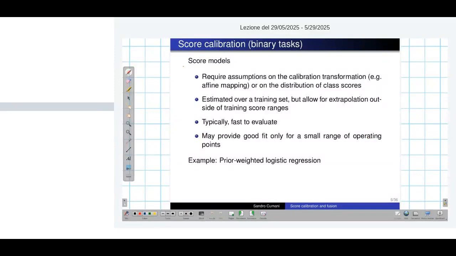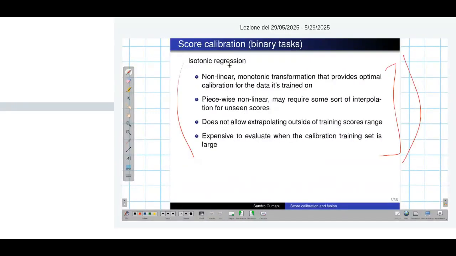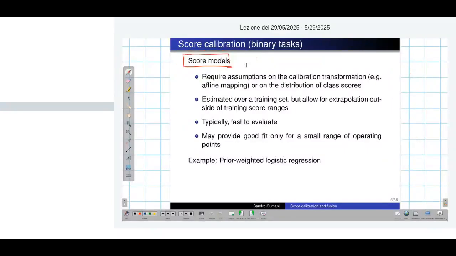The second model is isotonic regression. I just wanted to mention it, I will not ask it at the exam. Just wanted to mention it in case you find it somewhere, you know that it's a way to calibrate scores that works by mapping scores to class posterior probabilities.